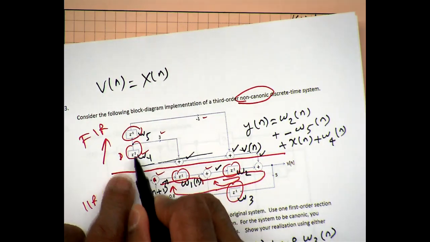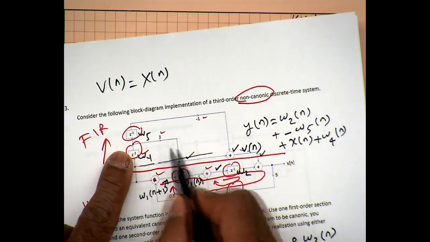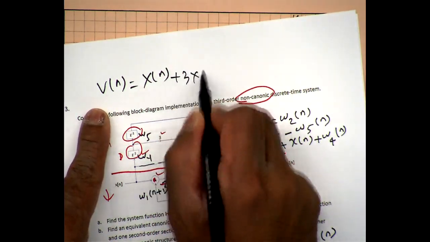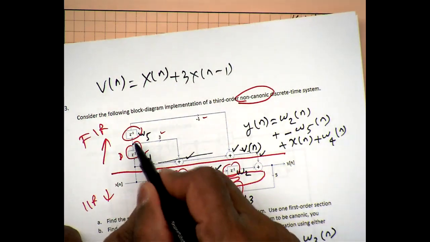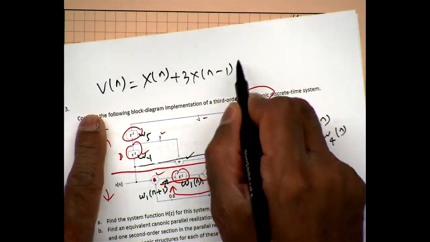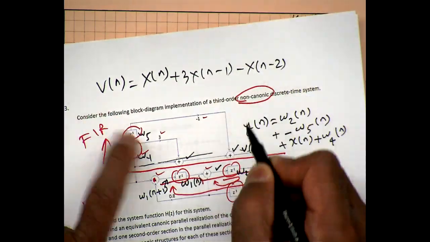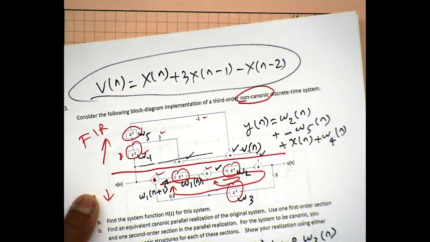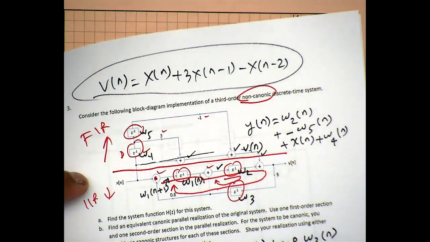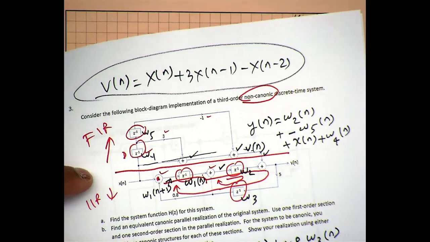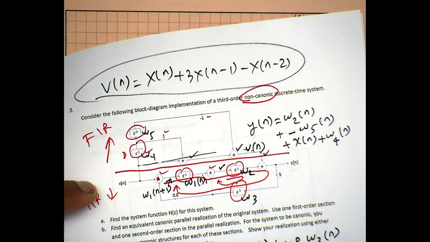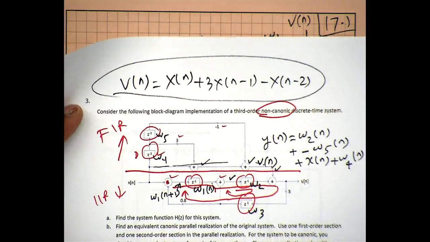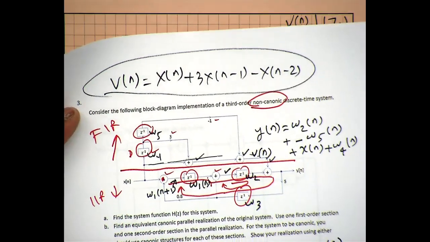Then x delayed by 1 multiplied by 3 also goes to Vn, so plus 3xn minus 1, and then x delayed by 2 multiplied by minus 1. All these added are Vn. That's the FIR part, that you have to plug in there, and finally you will get it. It is a little bit involved, and it's not trivial, but it does contain a good 15 minutes of algebra.